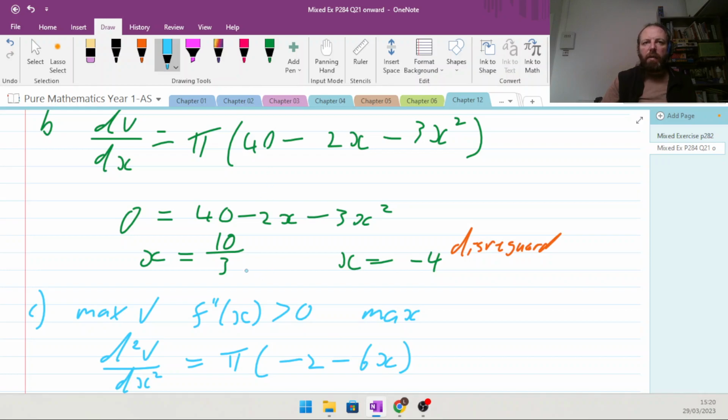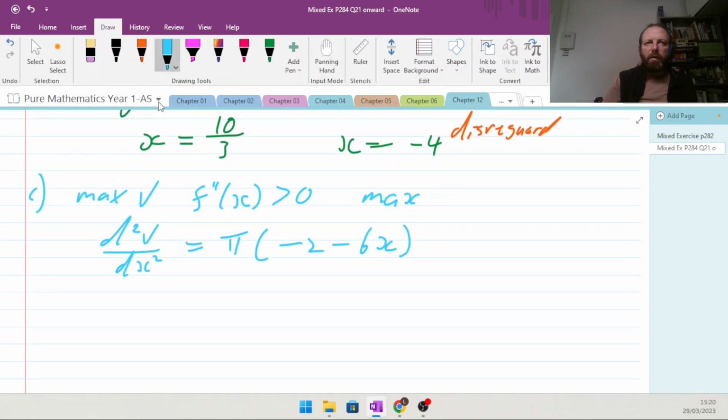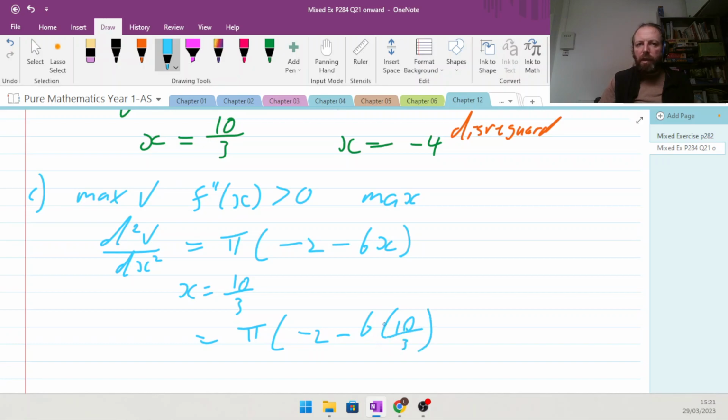Now when we put in x is equal to 10 over 3, we end up with pi times minus 2 minus 6 times 10 over 3. Okay.